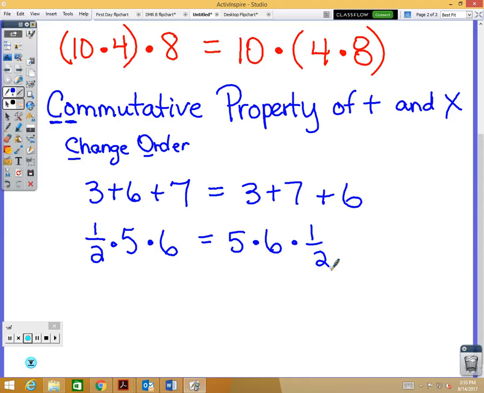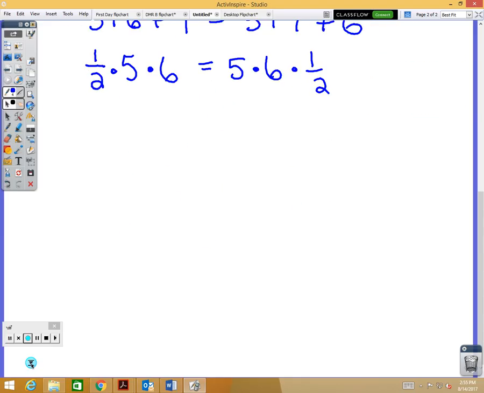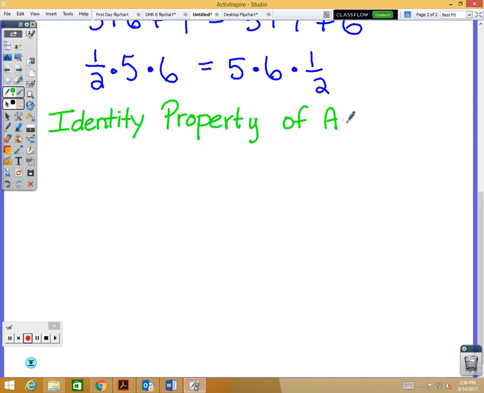Yes, definitely. All right, the next property that I'd like to talk about is the identity property. Now, the identity property of addition and the identity property of multiplication are different. So the identity property of addition, let's do that first. Identity property of addition.